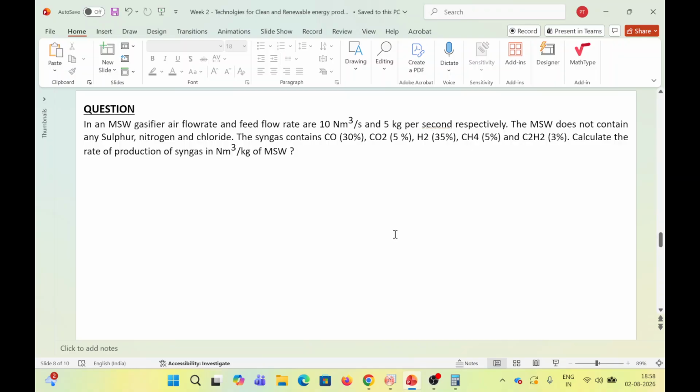The syngas contains CO 30%, CO2 5%, H2 35%, CH4 5%, and C2H2 3%. Calculate the rate of production of syngas in Newton meter cube per kg of coal. How do you solve this?